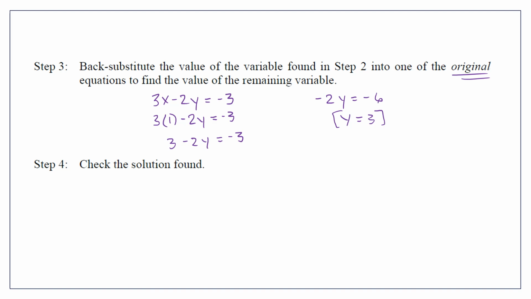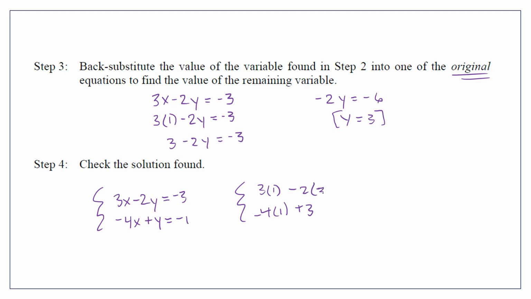So now let's check our solution. Our original equations were 3x minus 2y equals negative 3, and negative 4x plus y equals negative 1. Substituting in my x coordinate, 1, and my y coordinate, 3, and then simplify.